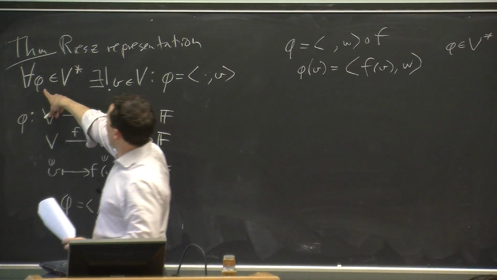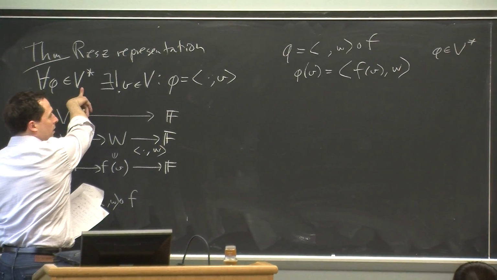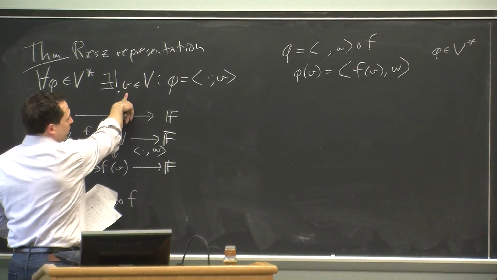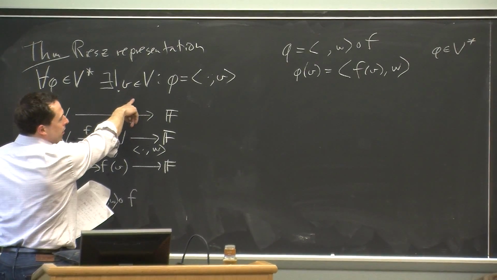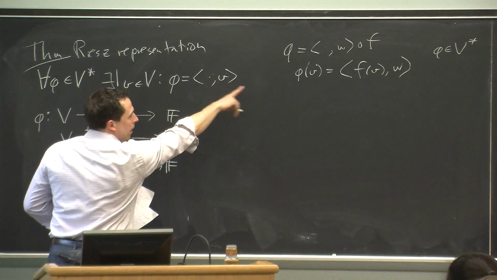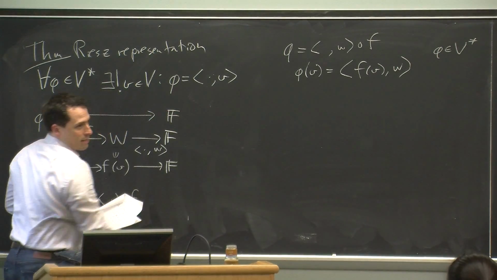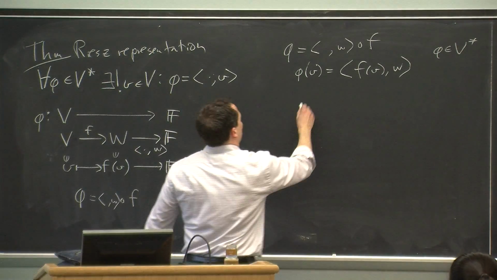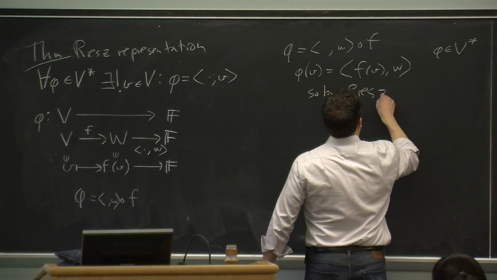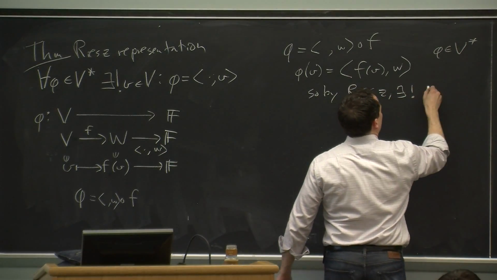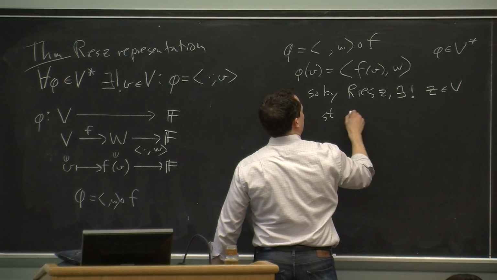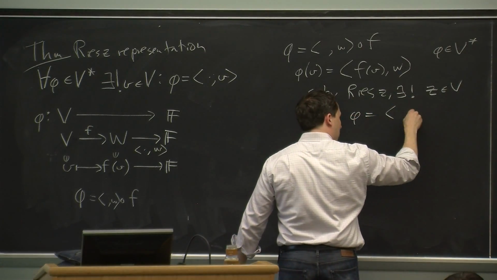It says that any time I give you a phi in V star, there's a unique vector in V. I'll have to pick a different name because I already used little v here, such that that element phi can be represented as inner product with that. So by Riesz, there exists a unique vector, let's call it z, in V, such that phi is inner product with z.